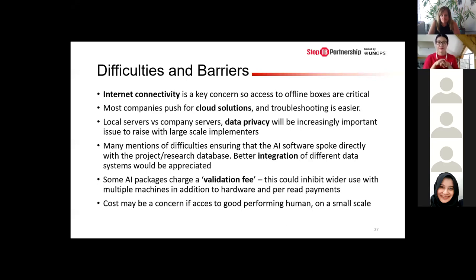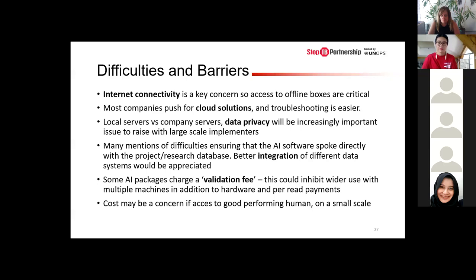And you know, there are a number of companies on the call here, and they can talk as well. But troubleshooting is clearly easier if you have access to online systems. And so there is this push. It's easier to troubleshoot. It's easier to see what is going on if things are working in the cloud.